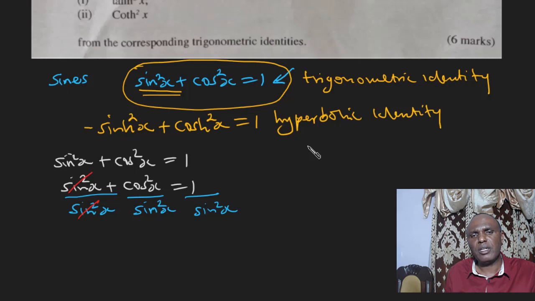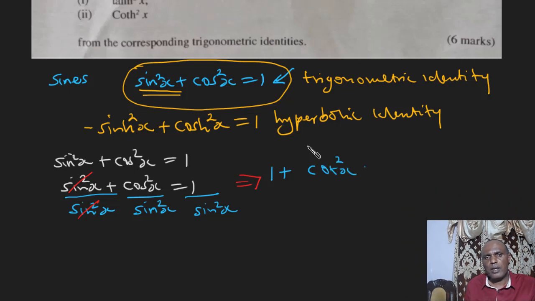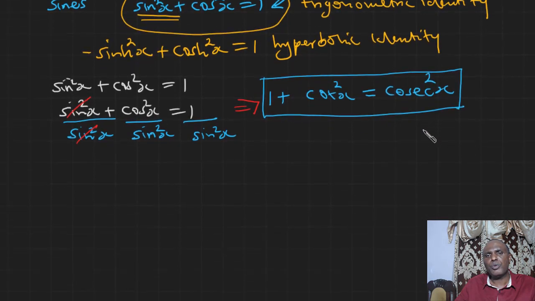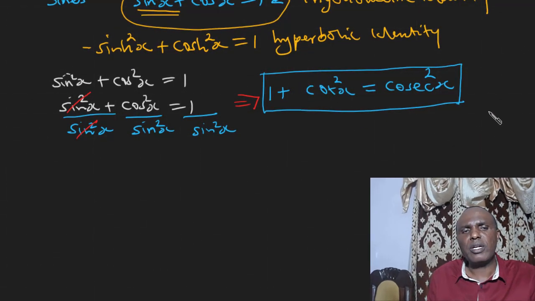So what we have now is 1 plus cos squared x over sin squared x, which is cot squared x, is equal to 1 over sin squared x, which is the same as writing cosec squared x. This is one of the trigonometric identities that is going to help us to solve this one here, that is cosech squared x. Let us now get the other trigonometric identity which we will use to convert to a hyperbolic identity.